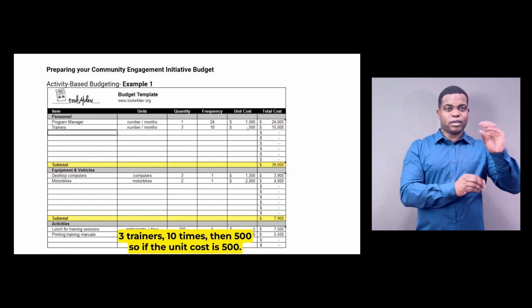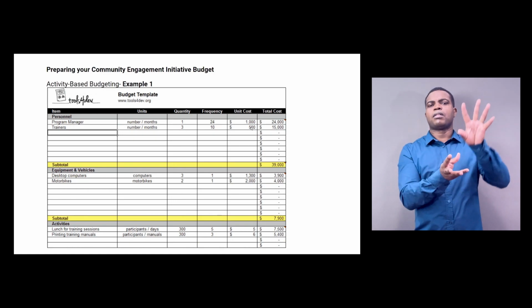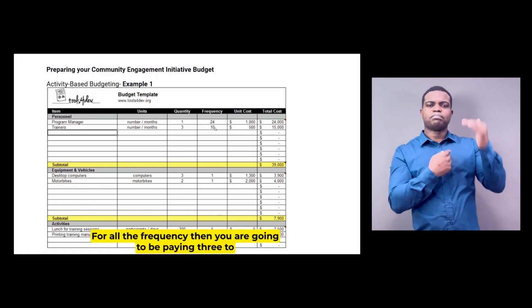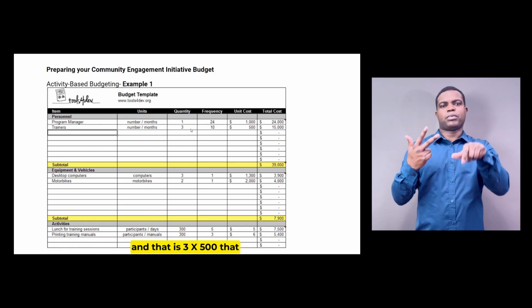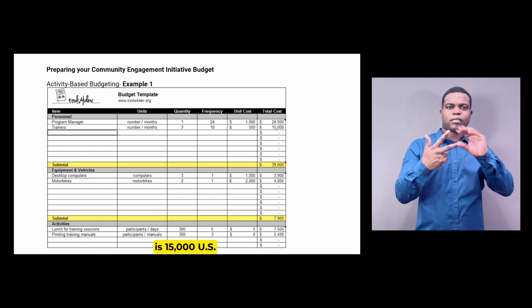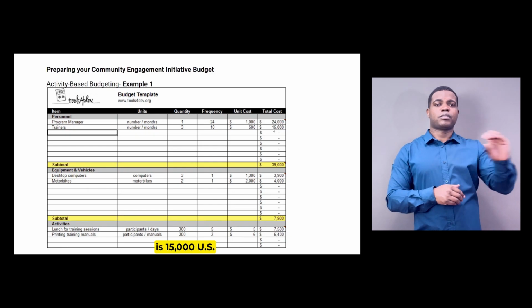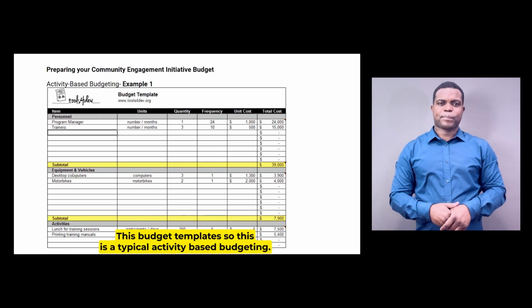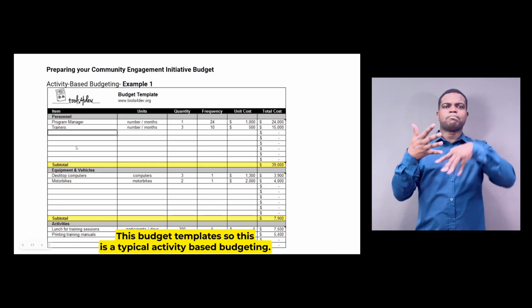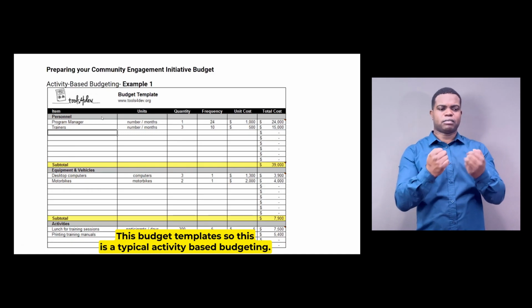If the unit cost is 500 for all the frequency, then you are going to be paying 3 trainers. That is 3 times 500, that is $15,000 US. So that is how to use this budget template. This is a typical activity-based budgeting.